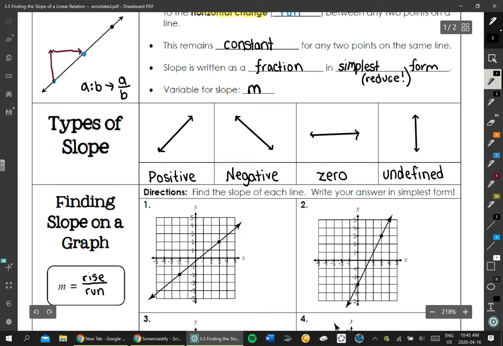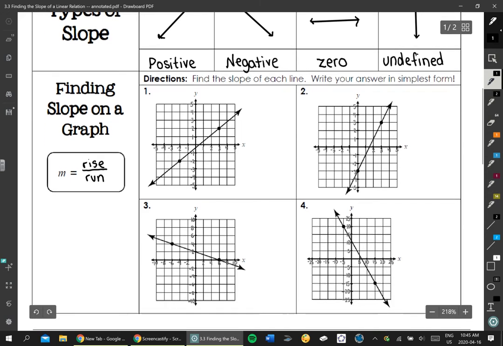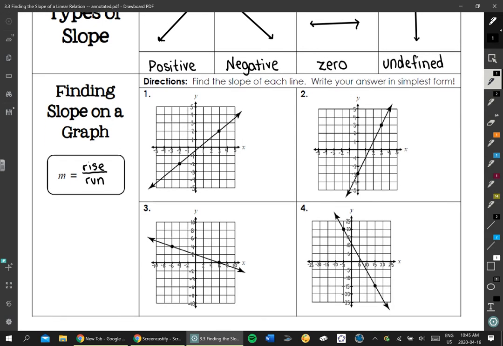We're going to do that to calculate the slope for each one of these linear relations. We're also going to remember that slope needs to be reduced into its simplest form. For example, 4 over 2 would have to be reduced to 2 over 1, or just 2.